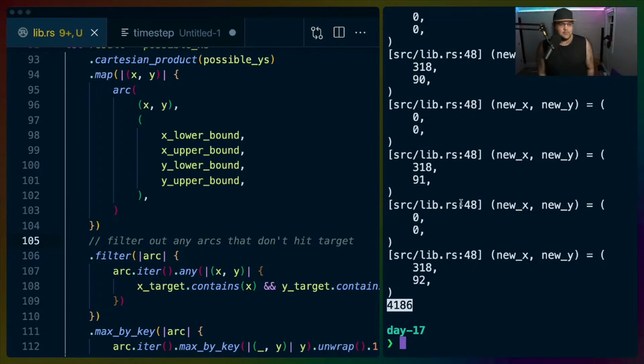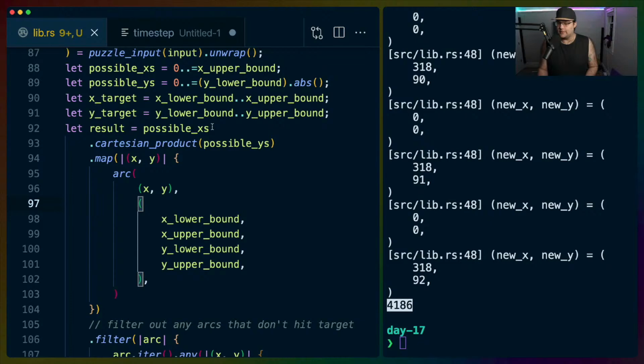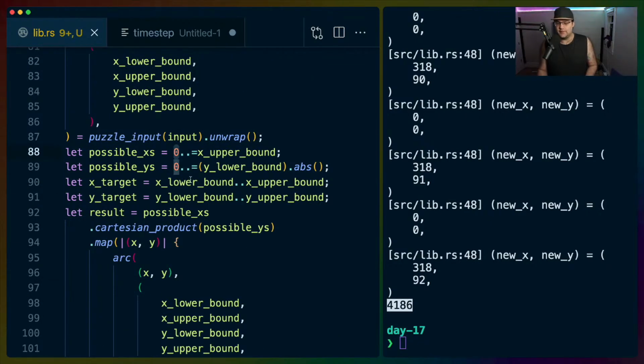To be frank, even with the math, I think all my part 2 solutions will do is have a tighter bound on the iterators. We can also have a tighter bound on the iterators here. We don't need to start at 0, right? Because there is the X drag. So I think there would be an algorithm to determine what the minimum X would be given a position, right?